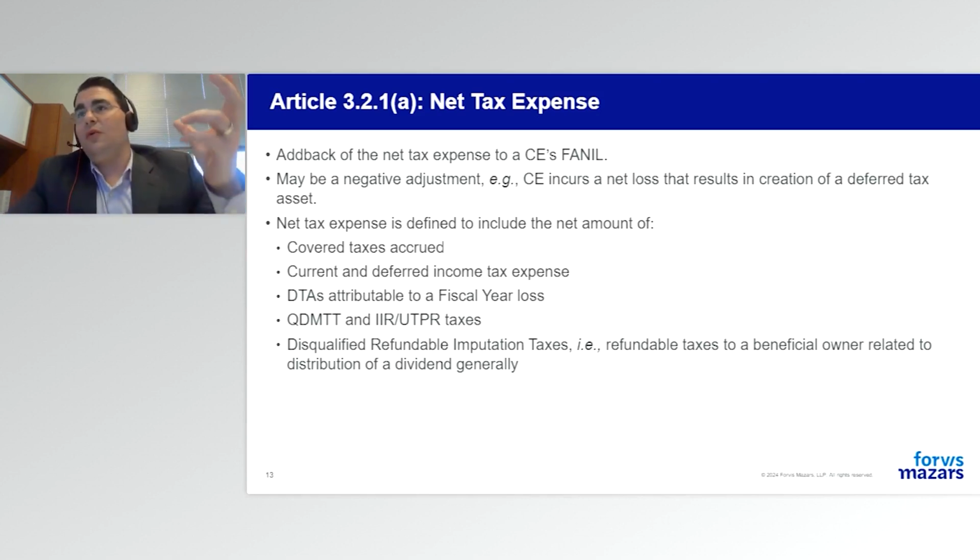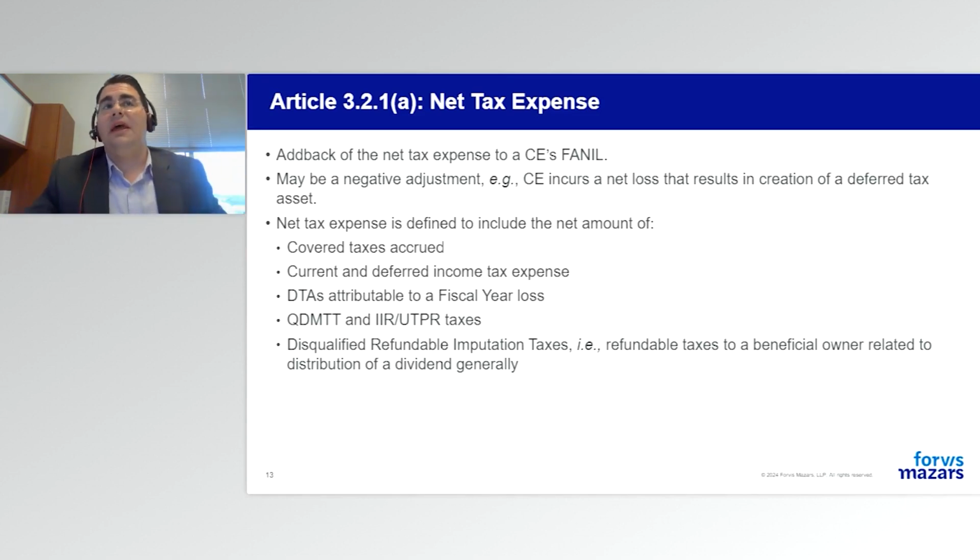When you have a FANL, there's a deduction for taxes, so there's a requirement for an add back. It could be a negative adjustment, specifically in instances where a constituent entity incurred a net loss through the creation of a deferred tax asset. Net tax expense is defined to include the net amount of your covered taxes, your current and deferred income taxes, DTAs attributable to a fiscal year loss, QDMTTs, and IIR and UTPR taxes.